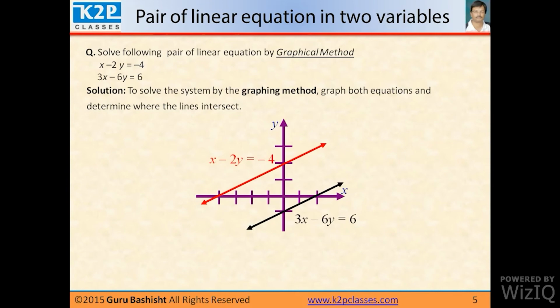Since these two lines don't have any common point on the plane, there is no solution for these two equations. These lines are parallel and have no point of intersection. The system has no solution and it is called an inconsistent pair of linear equations.